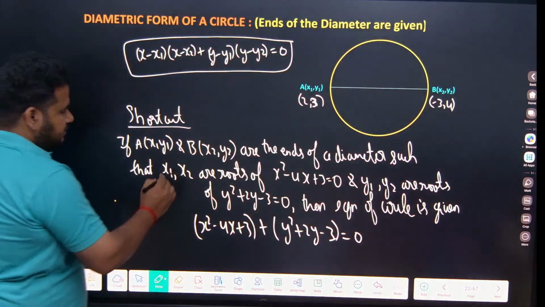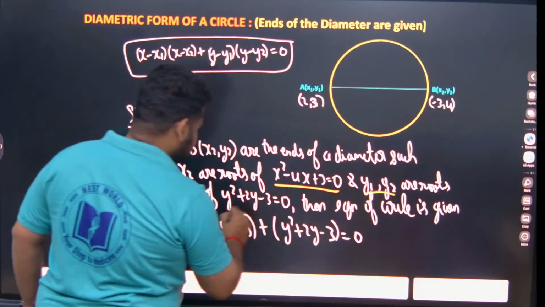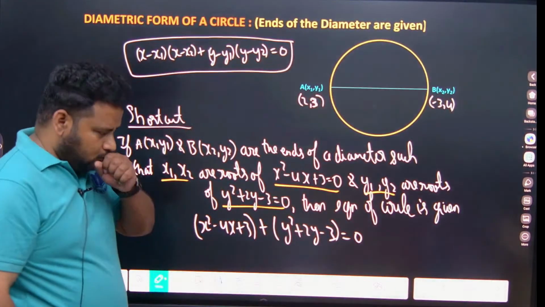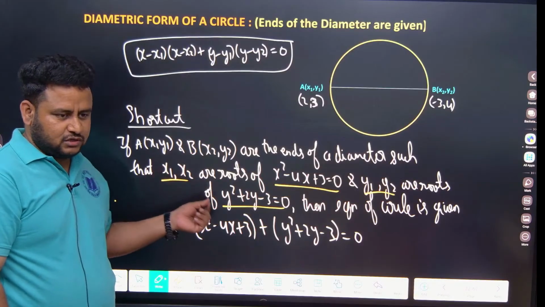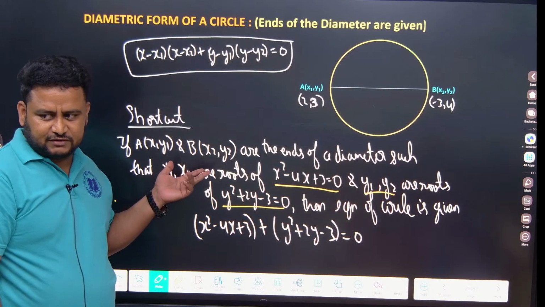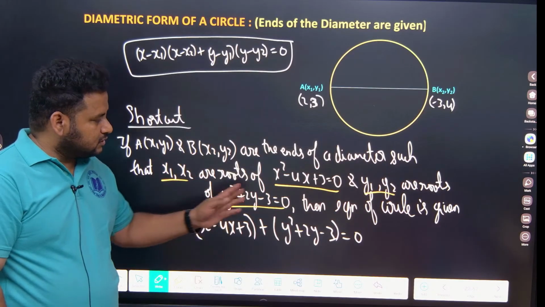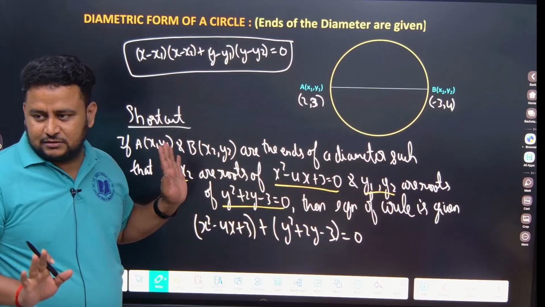Observe here, x1 x2 are roots of this equation, y1 y2 are roots of this equation. If they ask the equation of the circle, normally you find the roots x1 x2 y1 y2 and put the values. But here, the equation of the circle is given by adding these two quadratic equations and writing it equal to 0.